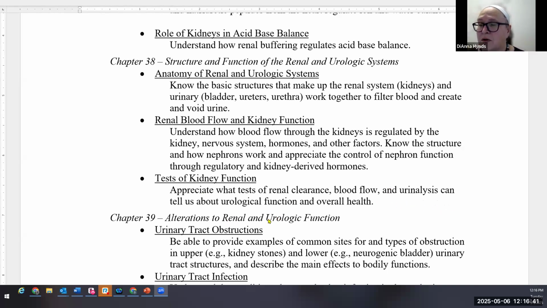And that can tell us a lot about urological function and overall health. So you want to know some of the basic tests, and particularly how you might be able to interpret some of those tests. So for instance, if there's a lot of sodium in the urine, what is the interpretation of that? If there's a lot of protein in the urine, what is the interpretation of that?